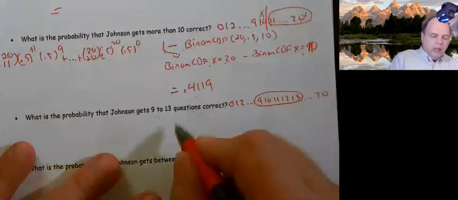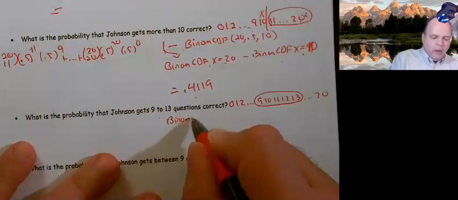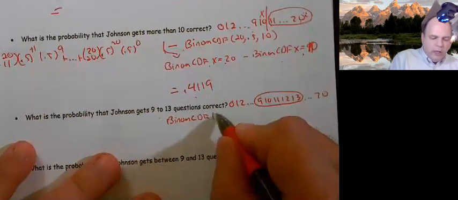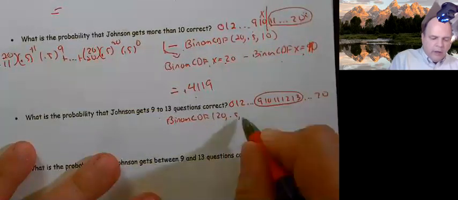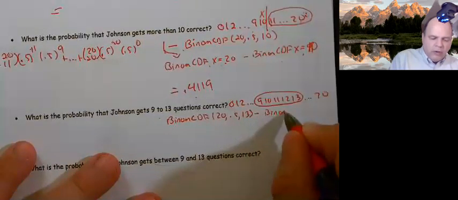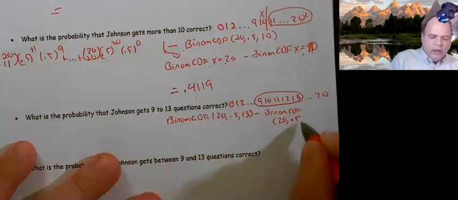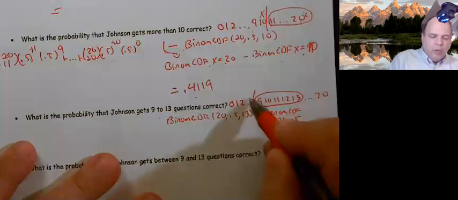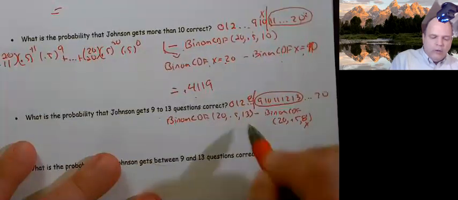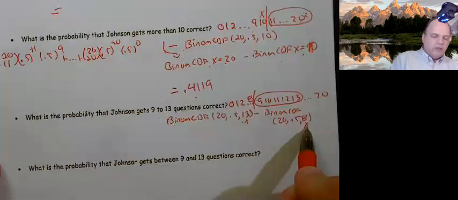Since we have multiple values, we're going to have a binomial CDF of 20, 0.5, highest value is 13, minus binomial CDF 20, 0.5. Make sure you subtract out what you don't want, which is an 8. The upper value happens to be a 13 and the lower value happens to be an 8.